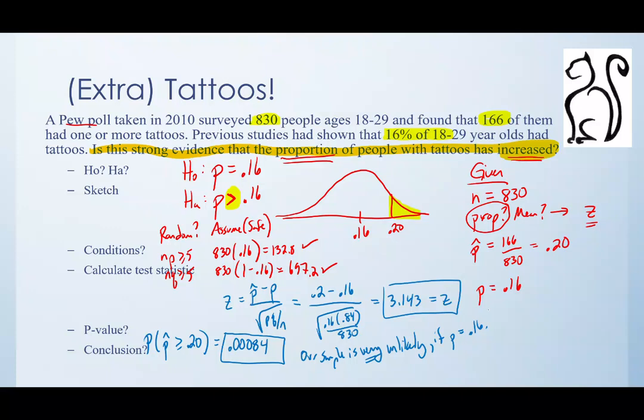And I'm making some room here. So, right, therefore we will reject the null because our p-value is very small. What does that mean? Well, this is where you can take that question from the problem and restate it as an answer. Is this strong evidence? Yes.